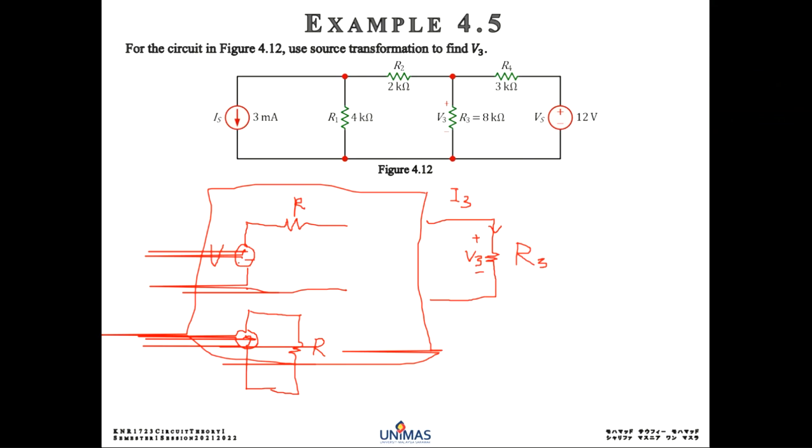If you do it this way, can you find I3 whatever the value of R3 is? Because the R here is fixed already by replacing all the other elements with a single resistor, and the same goes for the current. You can use either the voltage source and resistor in series or the current source and resistor in parallel to find I3 easily.